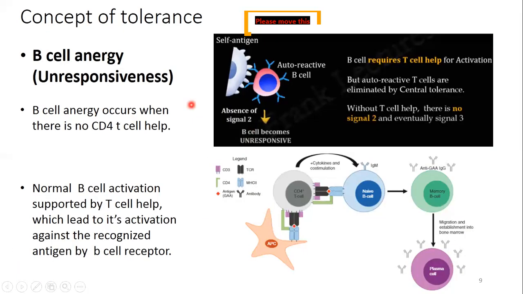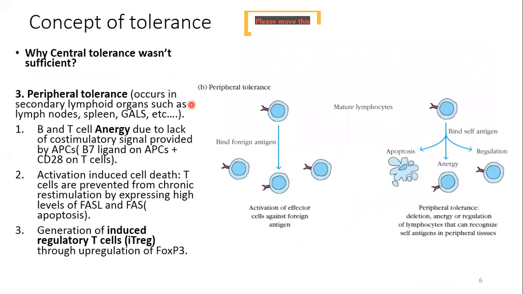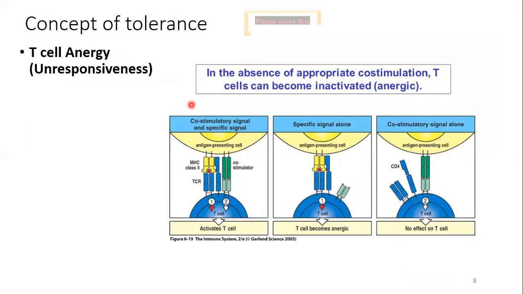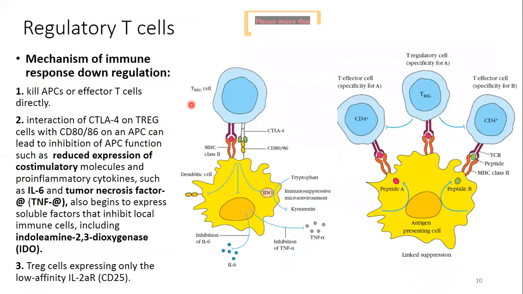So until here we talked about tolerance, the process of positive and negative selection, the regulatory T cells, and anergy. So now, how do T regulatory cells regulate the immune response?